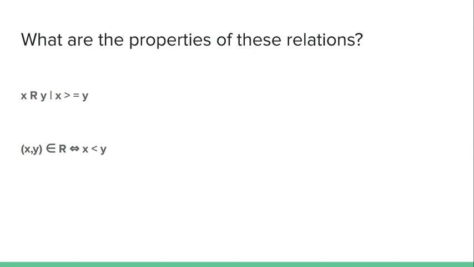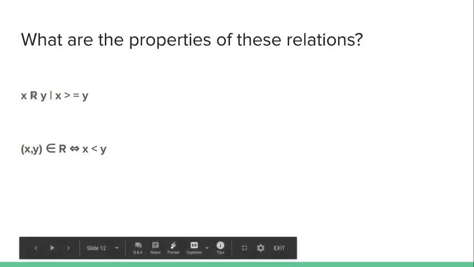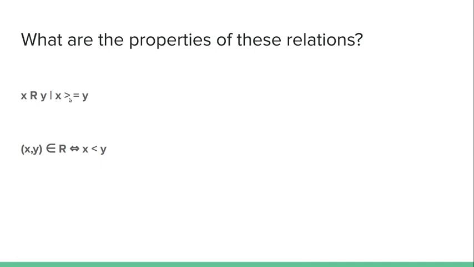Here we have a syntax that says x relates to y such that x is greater than or equal to y. So this is the relation defined as x is greater than or equal to y. The properties of this relation are reflexive because of the equals and transitive because of the greater than. So it's reflexive and transitive.